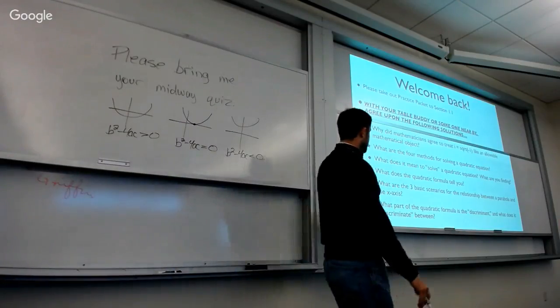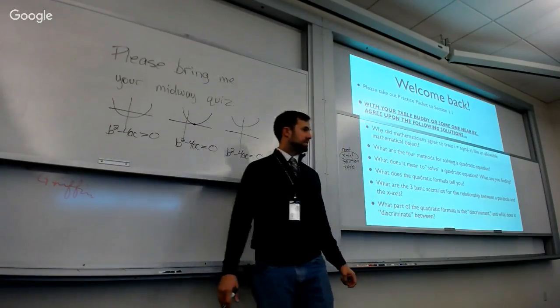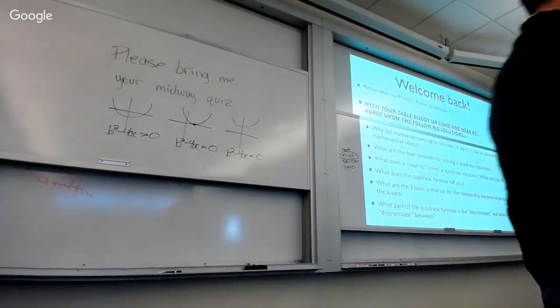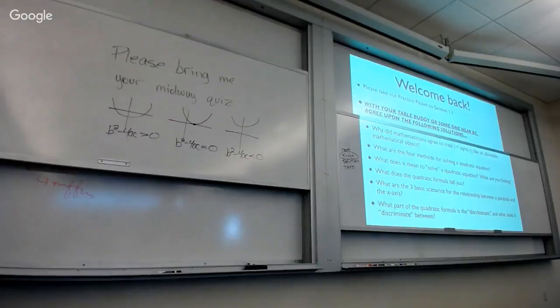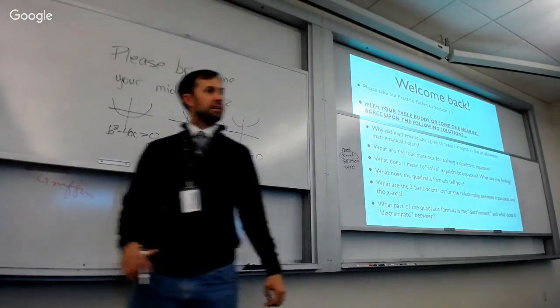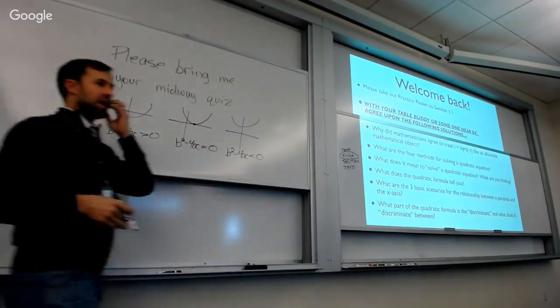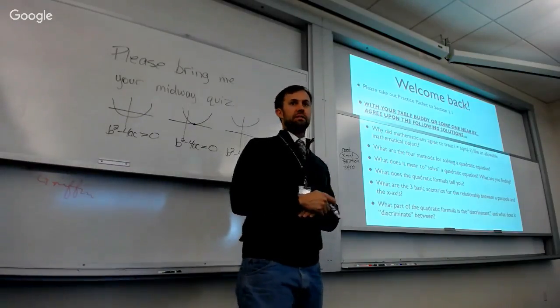And then finally, what part of the quadratic formula is the discriminant? And what does it discriminate between? How about Myra? What part of the quadratic formula is the discriminant? Yeah, the b squared minus 4ac. Really just the part under the square root. The part under the square root. And what is that distinguishing between?